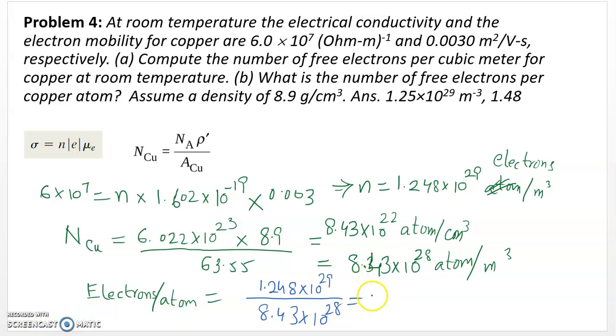I calculate it to be 1.48. So this means that there are 1.48 electrons for each atom. These are not just the total number of electrons, these are the free electrons.